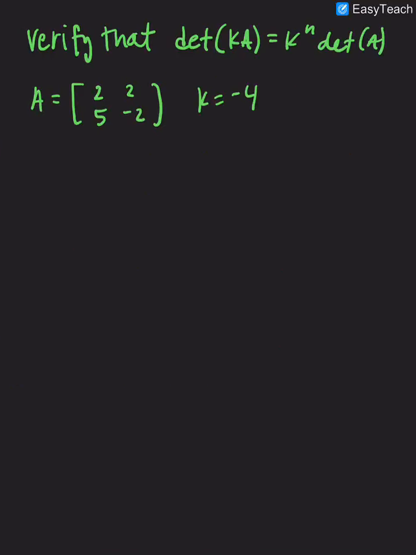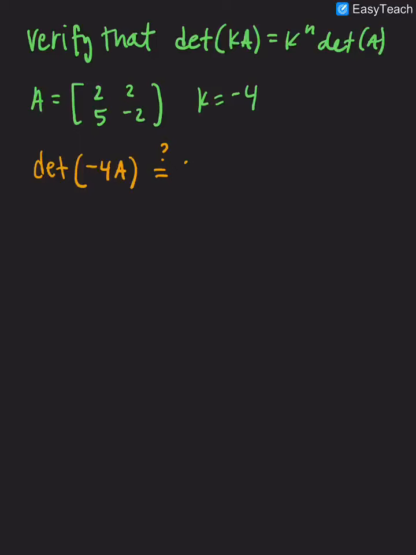Alrighty, so moving on, we have this problem. We need to verify that the determinant of Ka is equal to K to the power of n times the determinant of A, given the matrix A and K equal to -4. Okay, so let's pick orange. Let's start off by saying the determinant of -4A equals, since we don't know if it's equal, let's question if it's equal to.